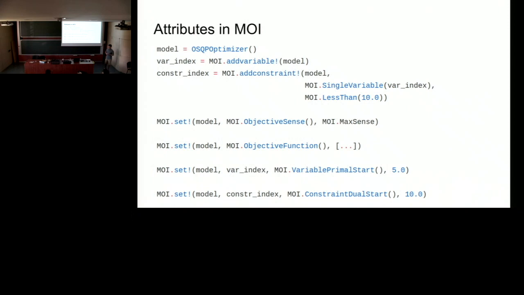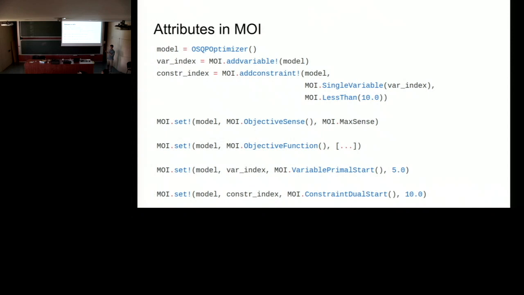Okay, attributes are another new thing in MOI. Pretty straightforward. You get a variable index back, a constraint index back. Once you have those, you can set attributes on the model itself. For example, the objective sense is an attribute of the model, or this object returned by the optimizer. So the model is an optimizer.